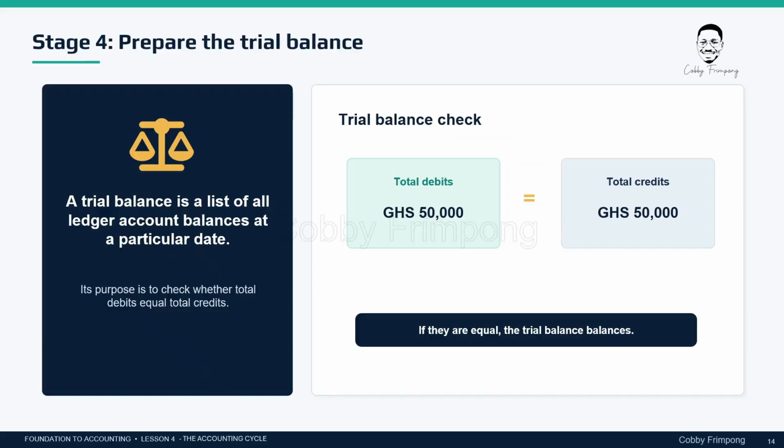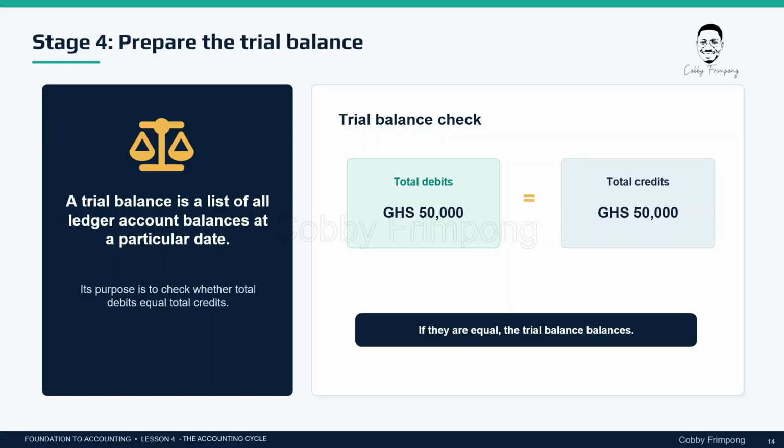Stage 4. Prepare the trial balance. After posting transactions to the ledger, the next stage is preparing the trial balance. A trial balance is a list of all ledger account balances at a particular date. It shows debit balances and credit balances.